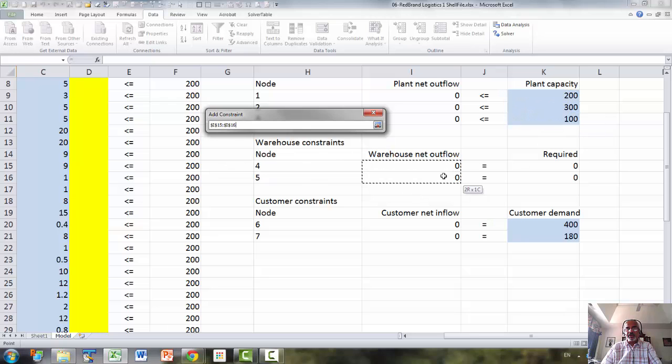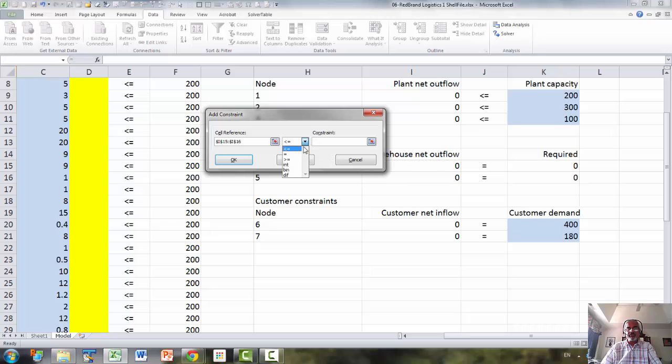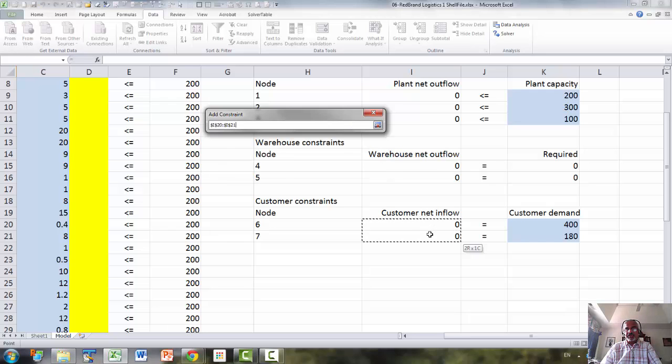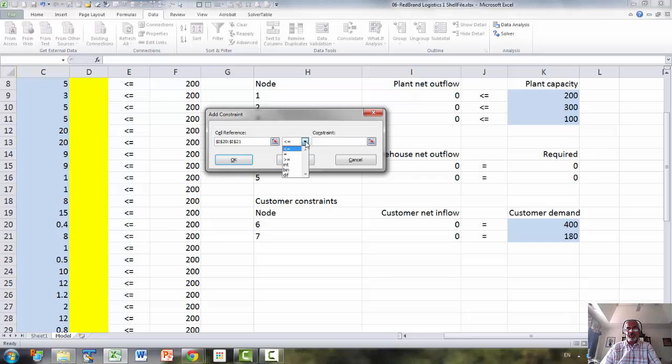For the warehouses, the net outflow or net inflow should be equal to 0. What comes in must go out. And for customers, the net inflow must be equal to the customer demand. So these are the three basic constraints.